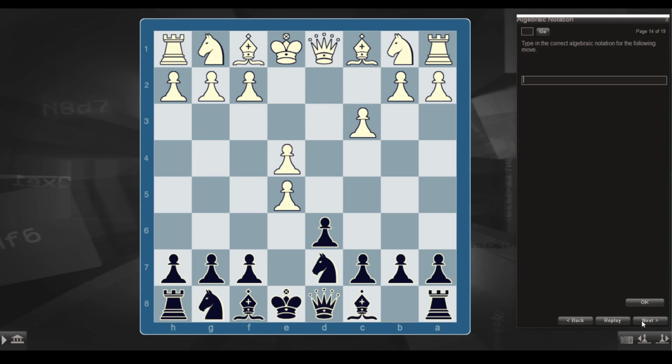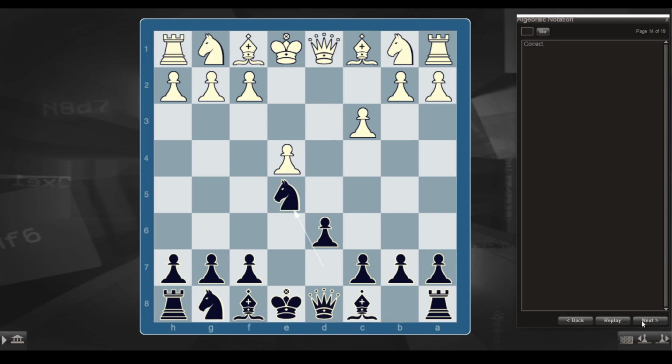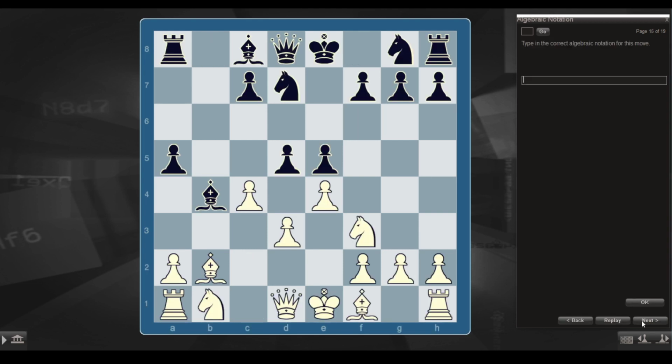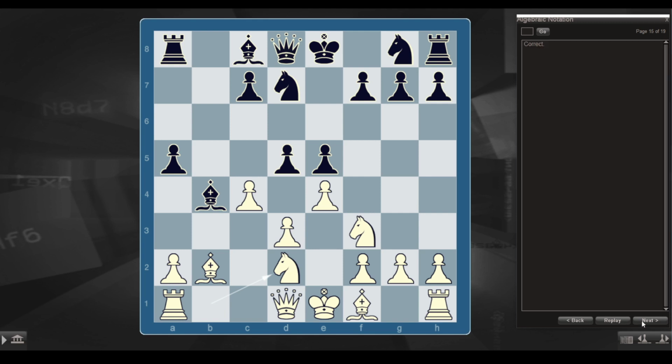Type in the correct algebraic notation for the following move. Correct. Type in the correct algebraic notation for this move. Correct.